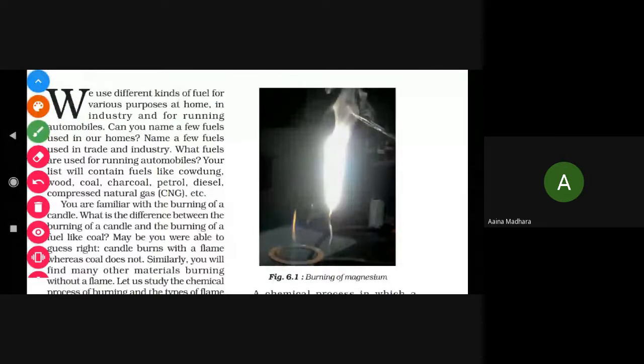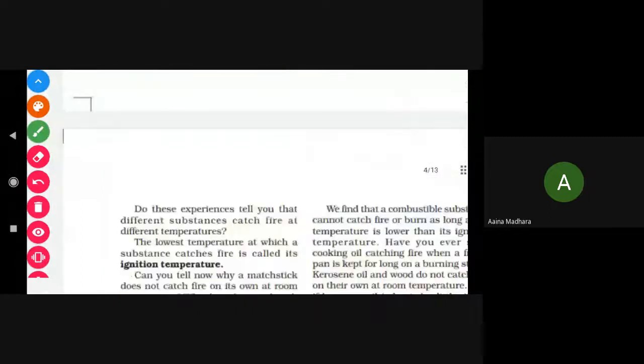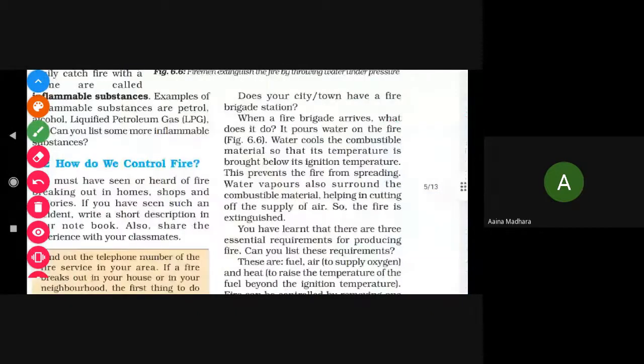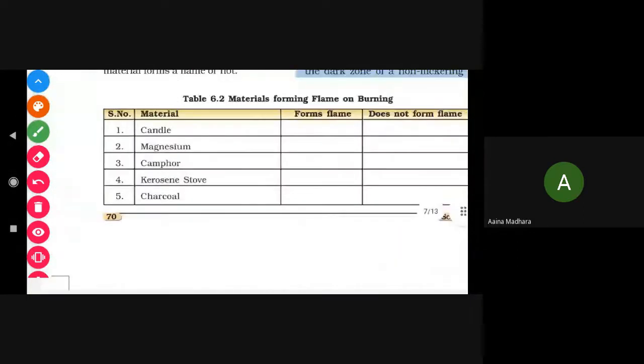White. Very good. I need to show you the picture to get an answer from you, beta. You should remember that. So candle forms a flame. Magnesium ribbon forms a flame. Does camphor form flame? Camphor.